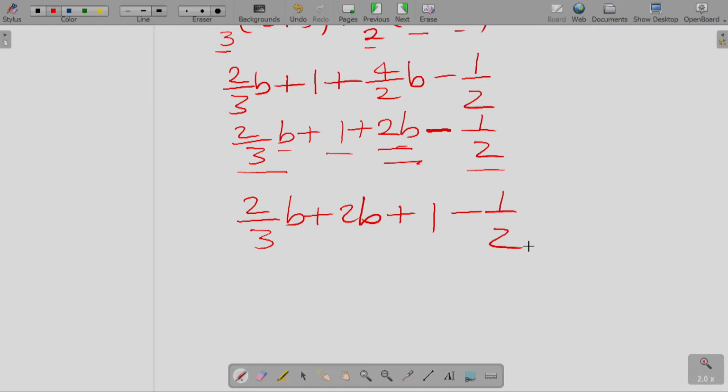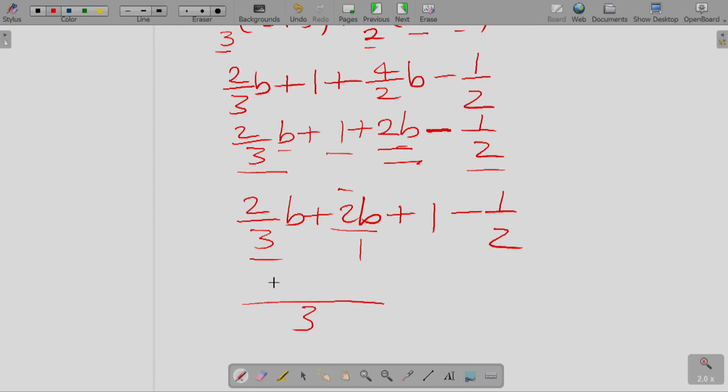The following step is to find the LCMs. Let's start with the LCM of 3 and 1. If you want to calculate the LCM for these two terms, 3 and 1, the LCM will be 3.